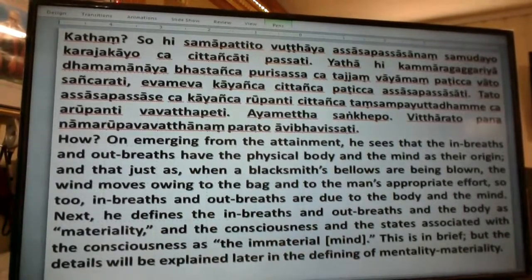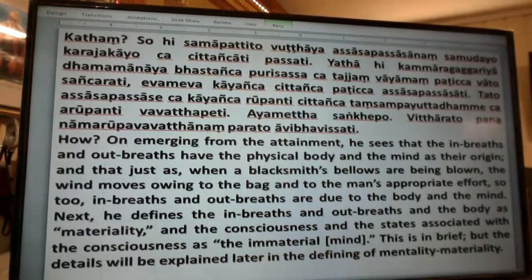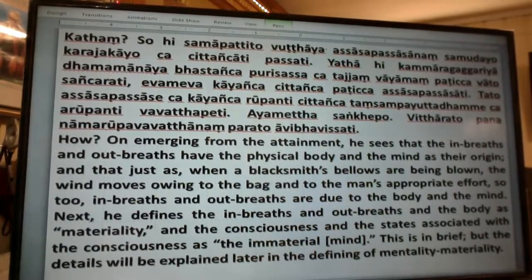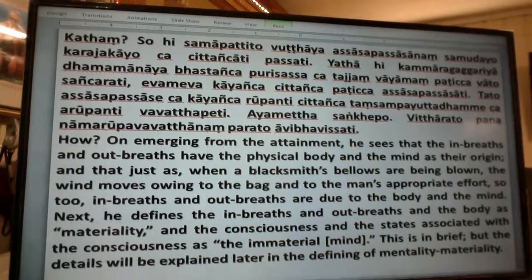Kata. So in Pali, kata means how. So how to practice insight meditation after getting the attainment, the jhana stage of samatha.